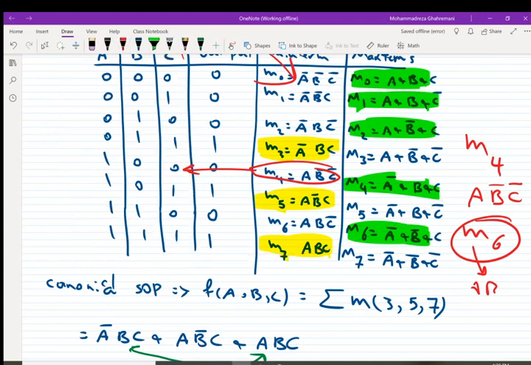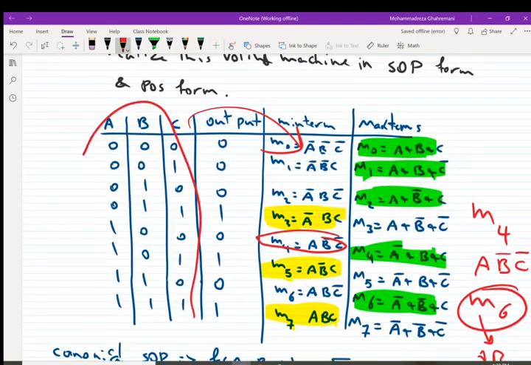So here is the answer. In fact, we don't need to write the truth table to find the minterms. There is something called minterm code and maxterm code, which helps us to write the minterms directly from the function, not from the truth table.